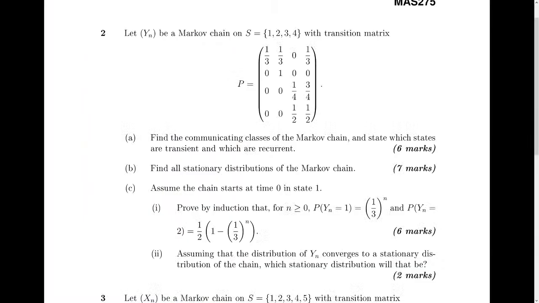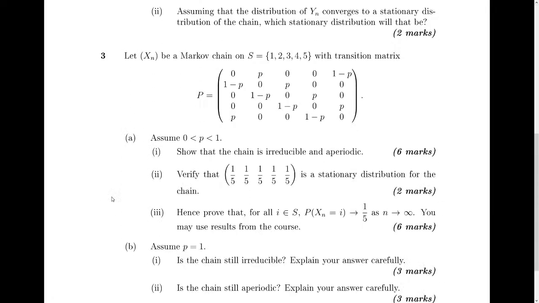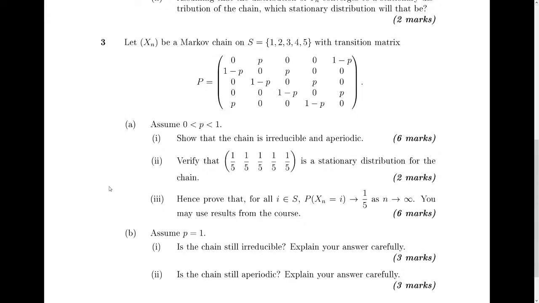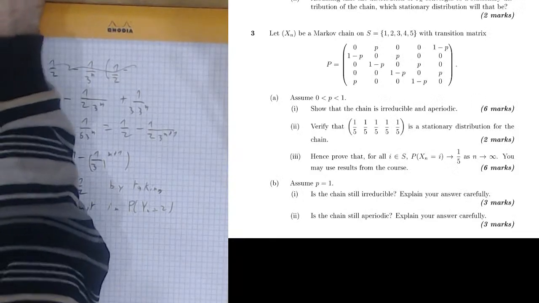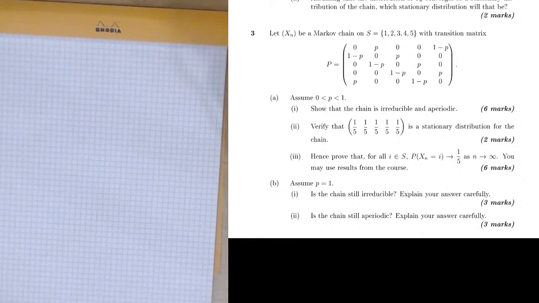Now let's move on to exercise 3. So there's a lot of Markov chain exercises in this one. So let Xn be a Markov chain which looks like that. And so first thing to do is draw it. So let's do that. New paper. So P, as you can see, it's actually a cycle.